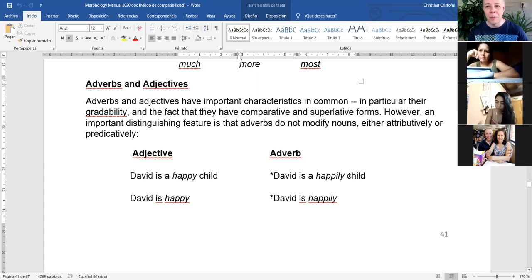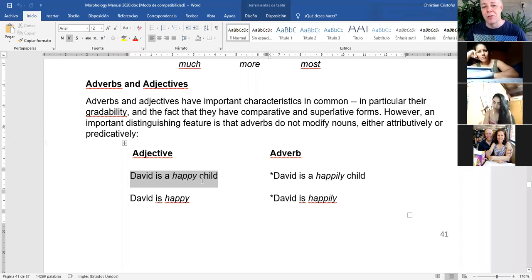Adverbs cannot always fit into the sentence. For example, you cannot say David is a happily child or David is happily. So definitely the adverb form of happy does not fit into that category. If we are analyzing this sentence and you have a problem, you say, maybe this is an adverb.